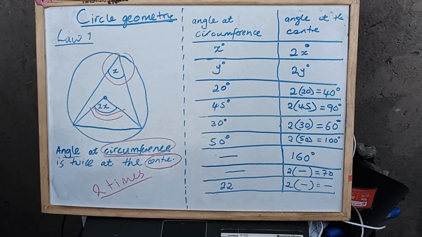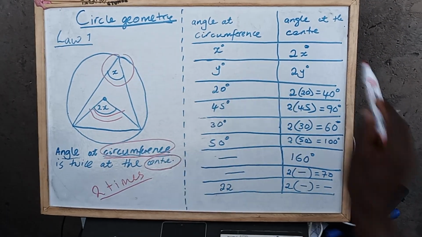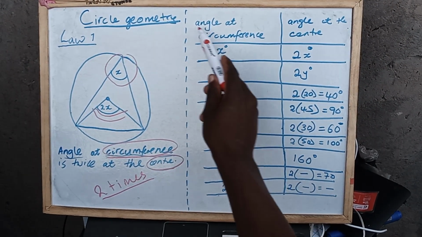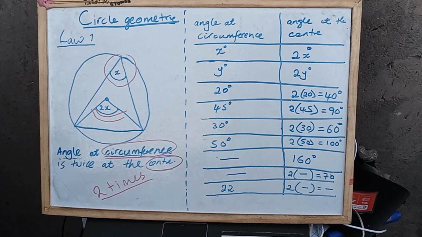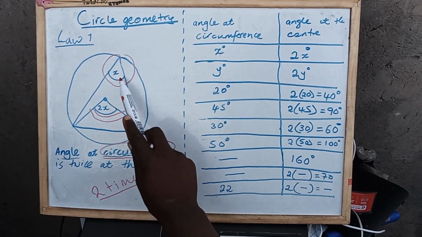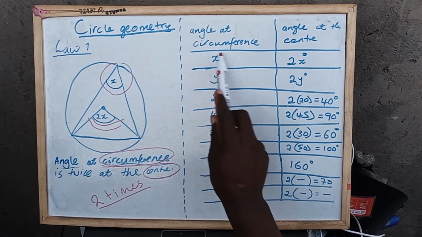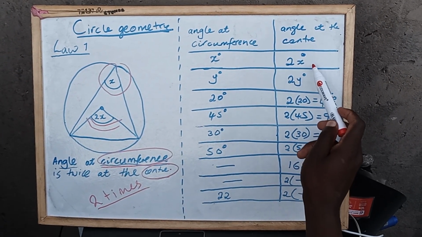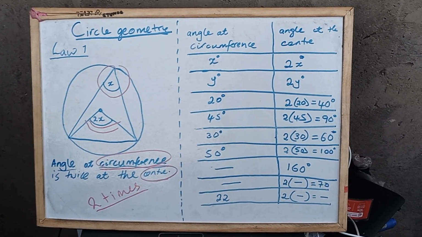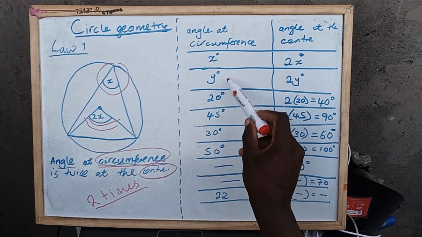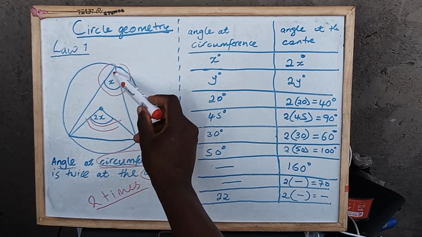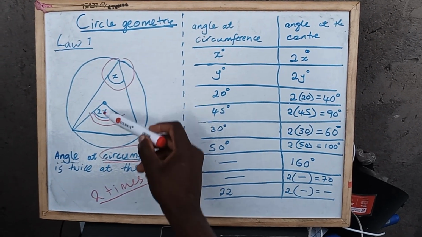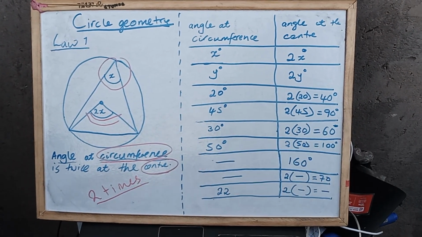You can see this table with me here. It's a table of the angle at the circumference and the angle at the center. If the angle at the circumference is x, then the angle at the center is 2x. If the angle at the circumference is y, the angle at the center is 2y.